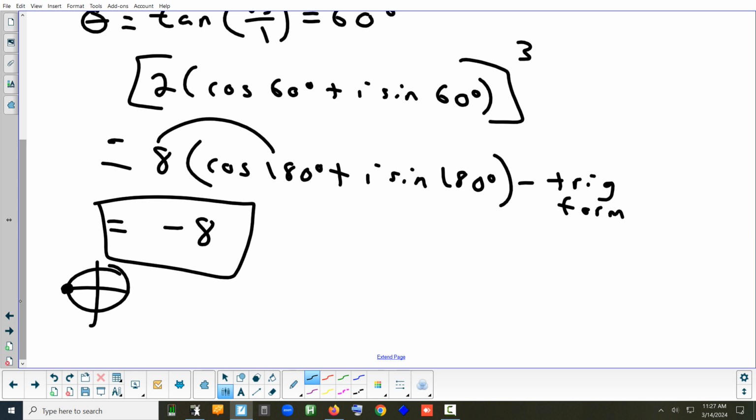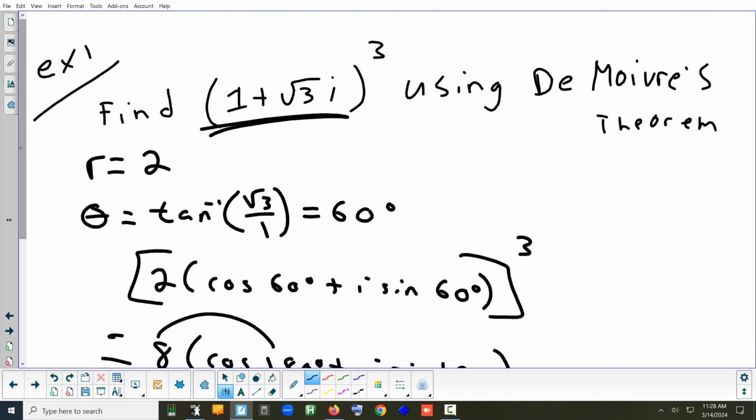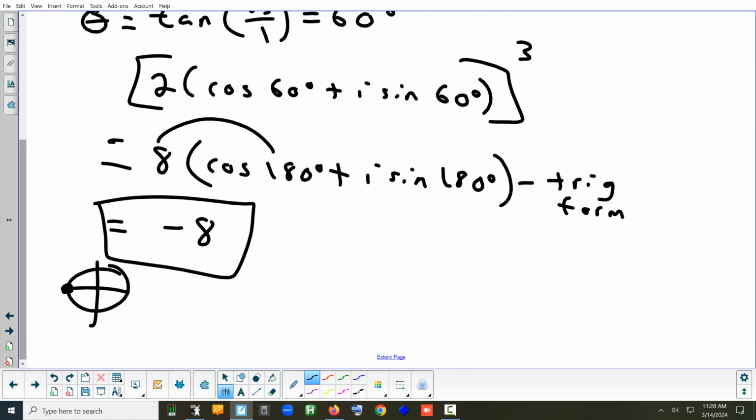You wouldn't actually do the -1 plus root 3i. Well, no, 1 plus root 3i was the original problem. So if you raise that to the third power, this is the answer you get in trig form, and this is the answer you get in standard form. I thought it was minus trig form. Minus trig form? No, that's just an indicator of what format that is.